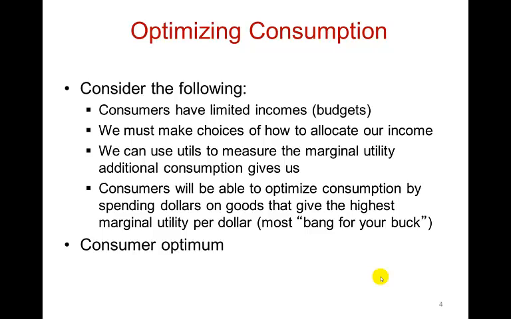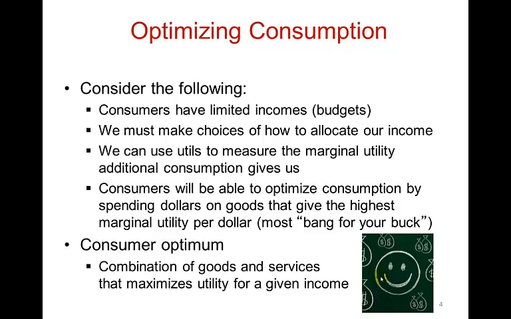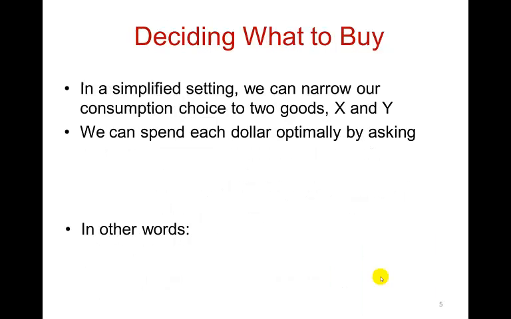We're going to call that the bang for your buck rule. And we're going to derive a consumer optimum or a consumer equilibrium, and that's going to be a combination of the goods and services that's going to give our consumer the maximum possible amount of utility they can get given the limited income and the prices of the goods.